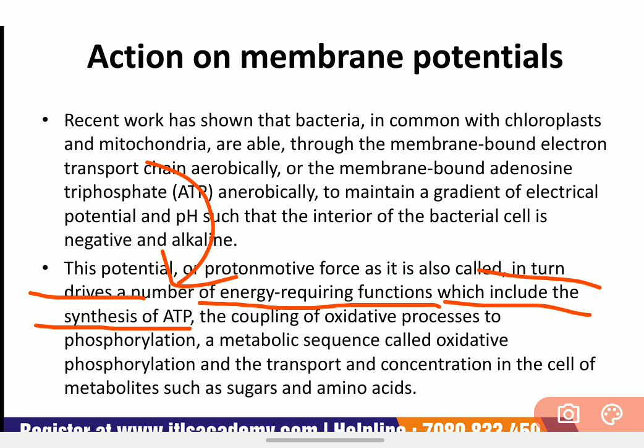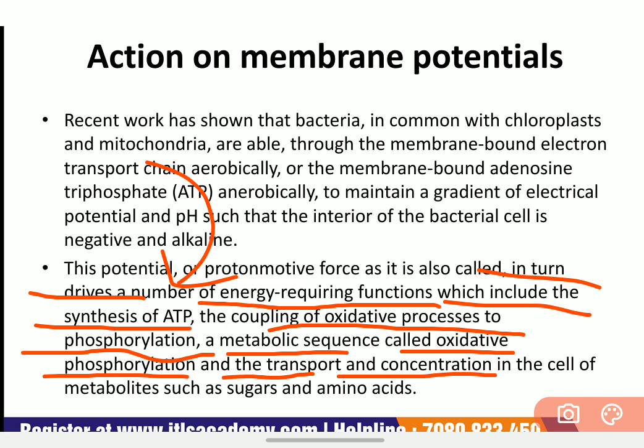As we know that mitochondria is responsible for the synthesis of ATP, the coupling of oxidative processes to phosphorylation, a metabolic sequence called oxidative phosphorylation, and the transport and concentration in the cell of metabolites such as sugars and amino acids. This, in a few simple words, is the basis of chemiosmotic theory, linking metabolism to energy-requiring processes.